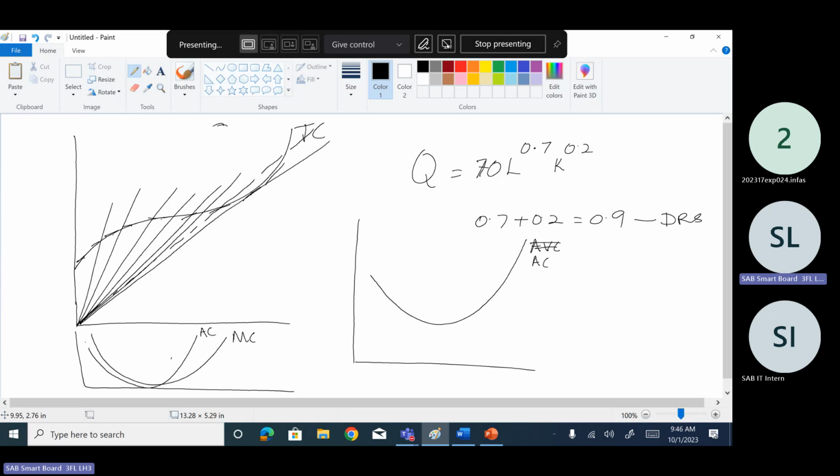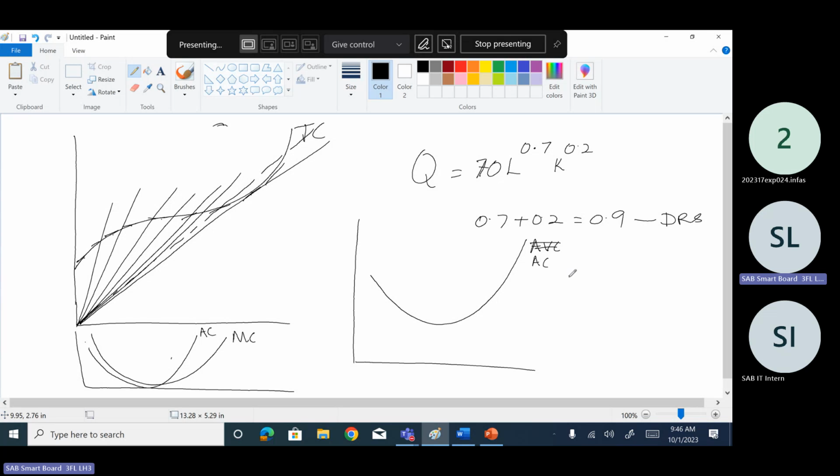So all these short run curves, average cost, average variable cost, average total cost, are all U-shaped. Based on the total cost, the variation is mainly explained by the diminishing marginal productivity of the variable factor.